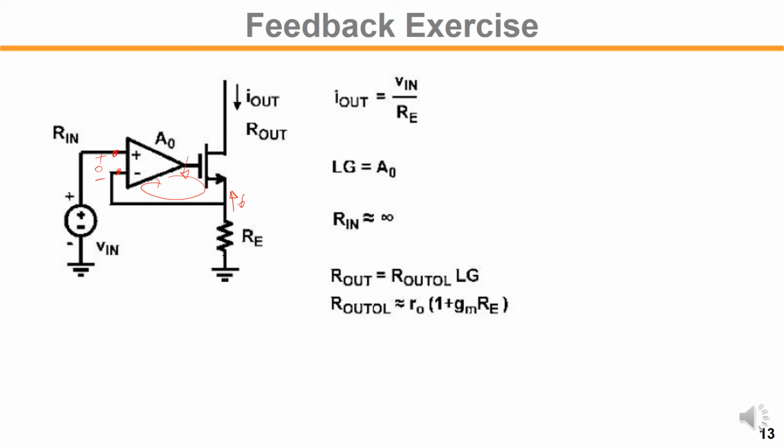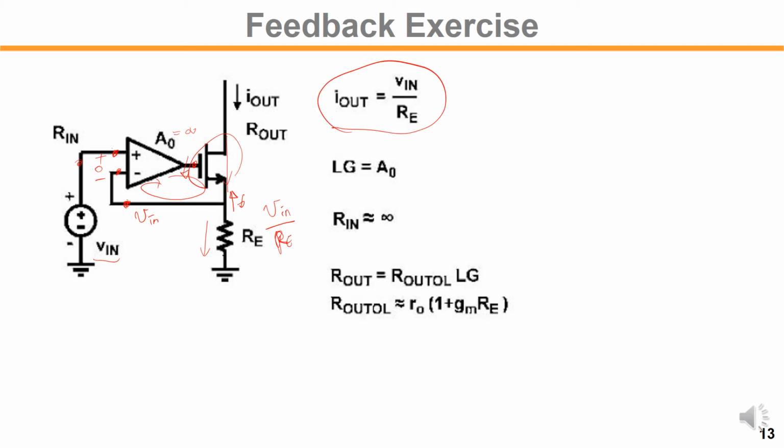So zero times a very high gain, like infinity, will give us a constant value at the output of the amplifier. Because V in is applied here, and there is no DC voltage difference, the feedback voltage will be V in. So the current through RE would be V in over RE. This current will directly flow through the device, and then I out would be V in over RE.